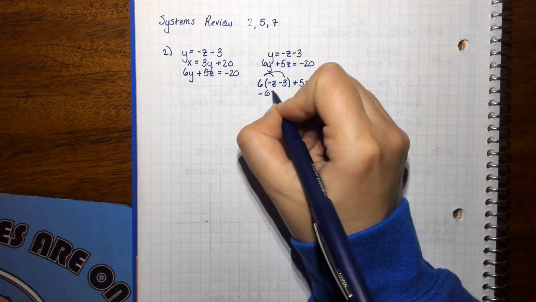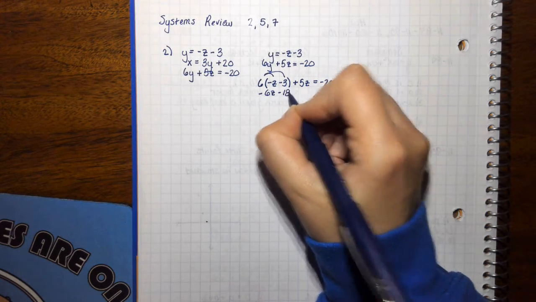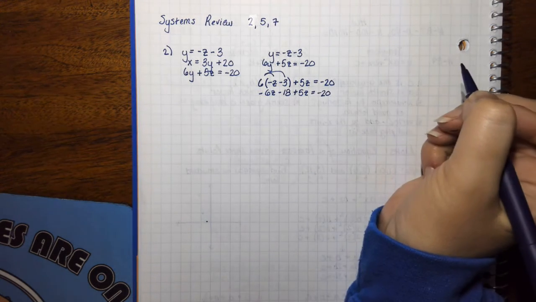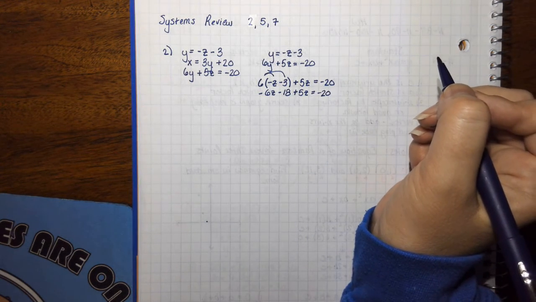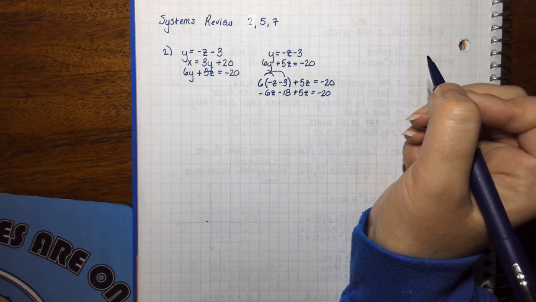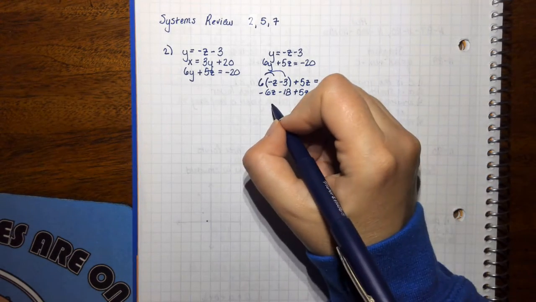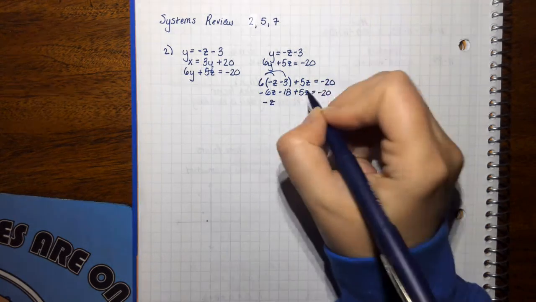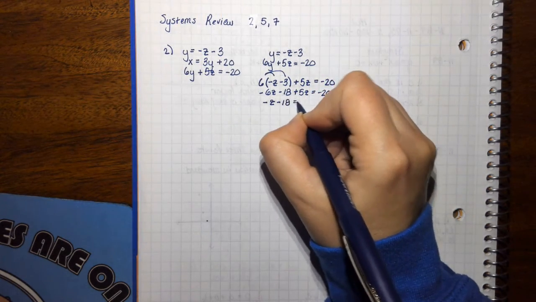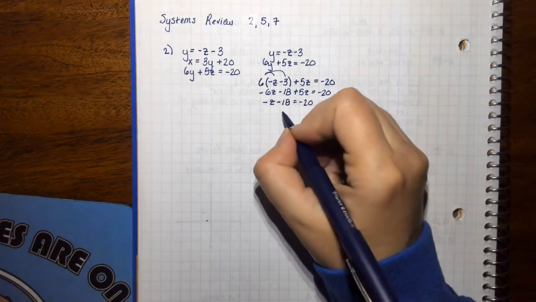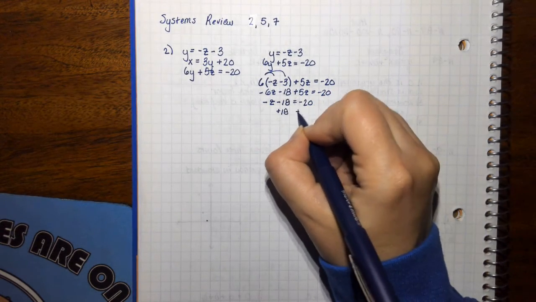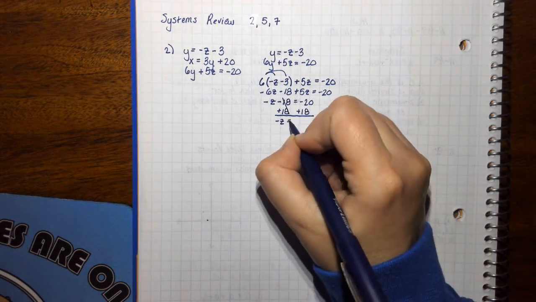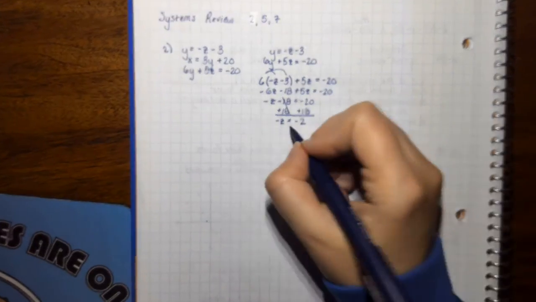Okay, so negative 6z minus 18 plus 5z equals negative 20. Negative z minus 18 equals negative 20. Add 18. Negative z equals negative 2.